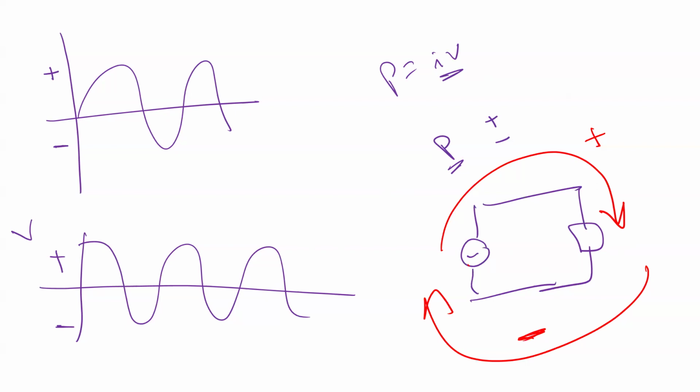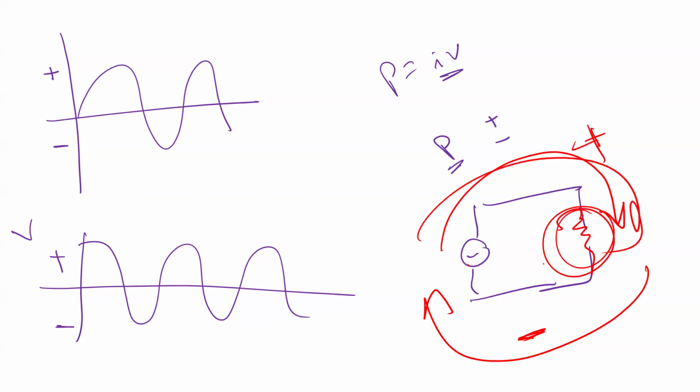Yes, this should happen if the load is storing energy. If you have a capacitor or an inductor and the capacitor is storing energy, it can release energy to the source. However, when I teach more, you will understand. If this is just a resistance, it will be positive all the time. Anyway, you will understand it.